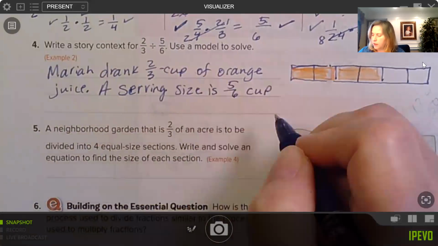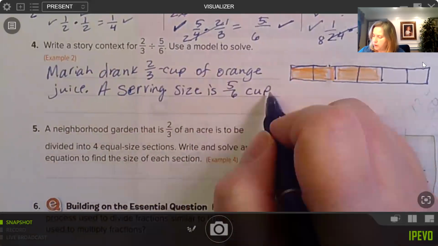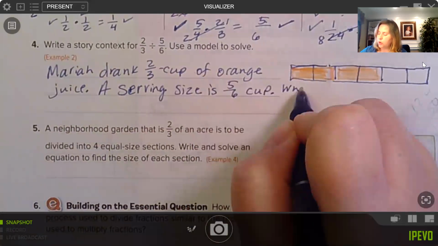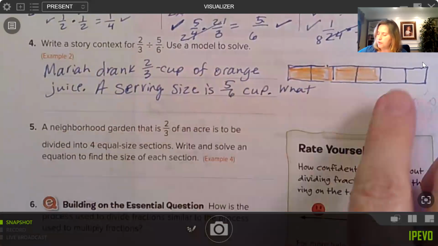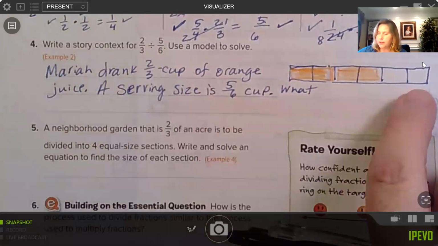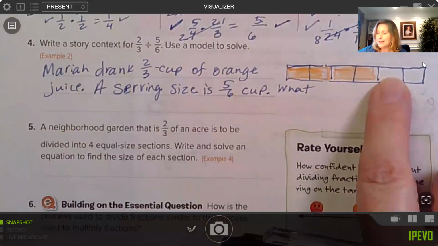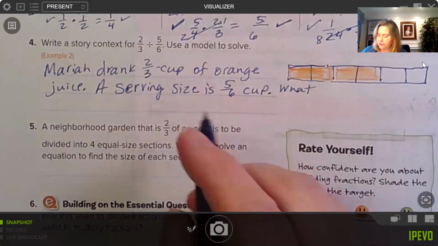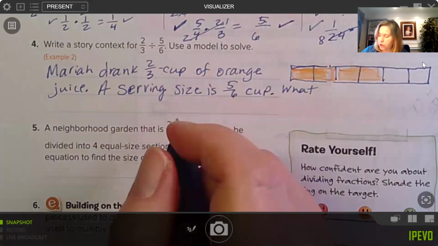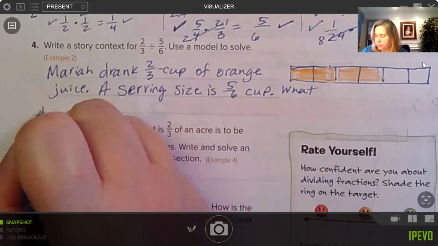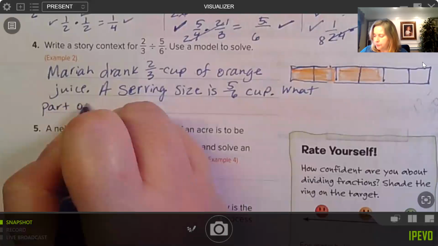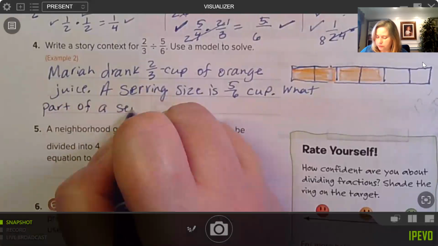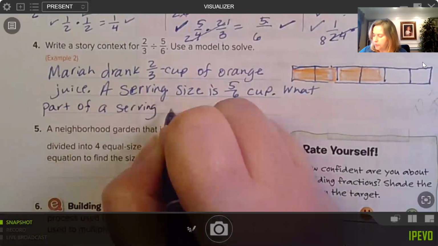What part of a serving did she drink? So she didn't quite drink a whole serving because a serving would be 5/6. She would have needed to drink one more sixth to hit the 5/6. So a serving size is 5/6 of a cup. What portion or what part of a serving did she drink?